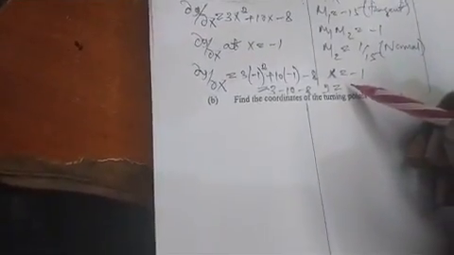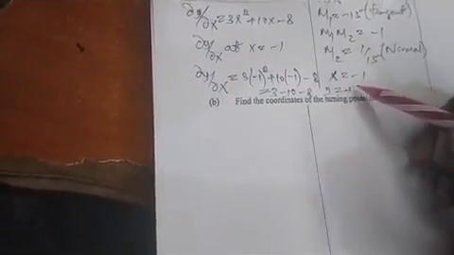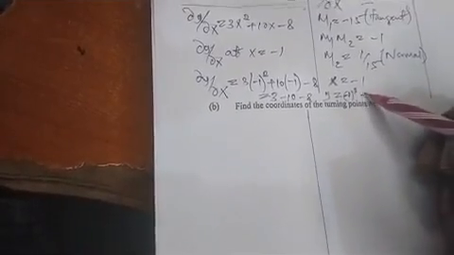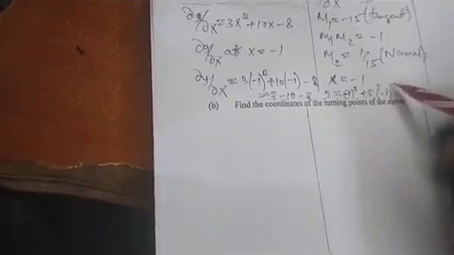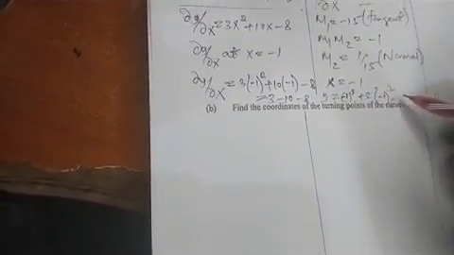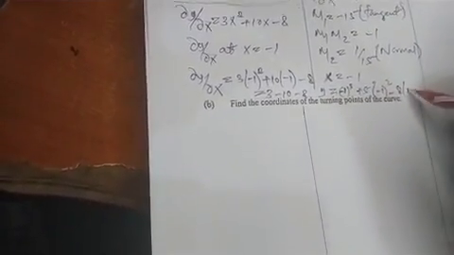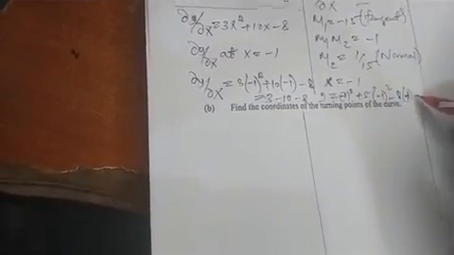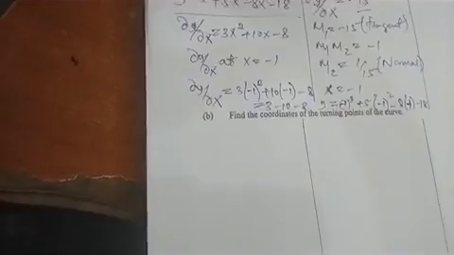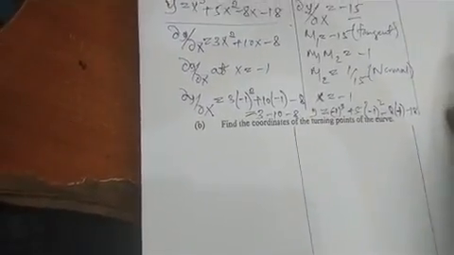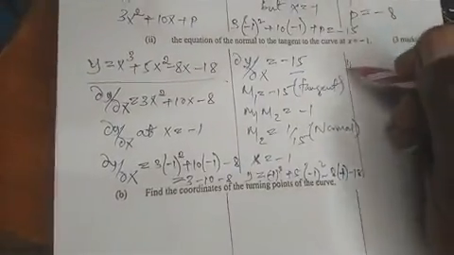So we find the y coordinate so that we can easily form the equation of the normal. Y equals negative 1 cubed plus 5 multiplied by negative 1 squared minus 8 times negative 1 minus 18.